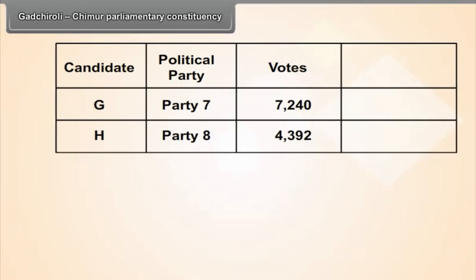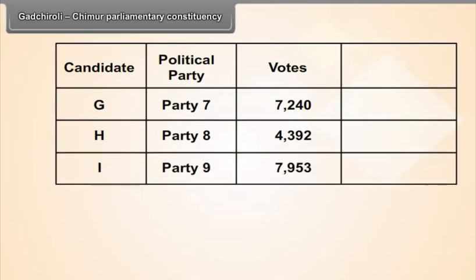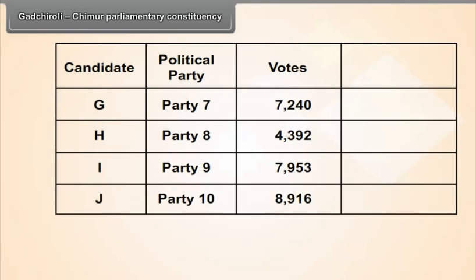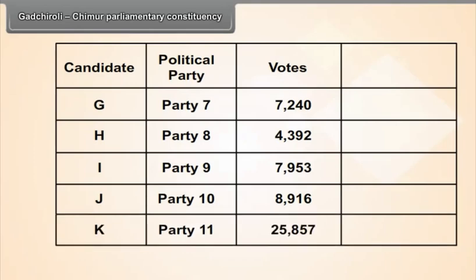Candidate H, Party 8, 4,392 votes. Candidate I, Party 9, 7,953 votes. Candidate J, Party 10, 8,916 votes. Candidate K, Party 11, 25,857 votes.